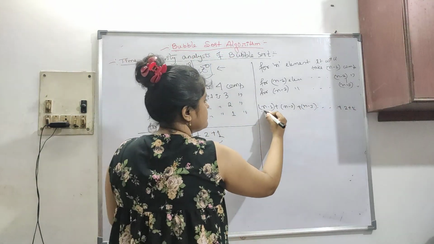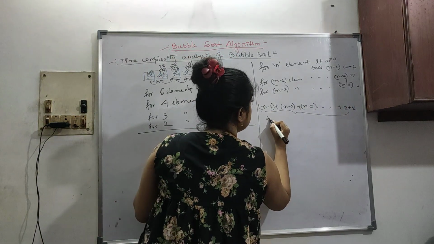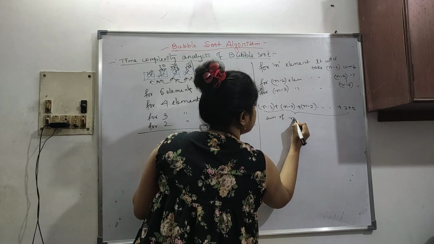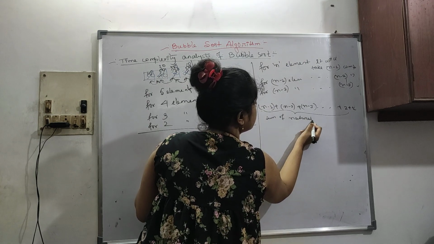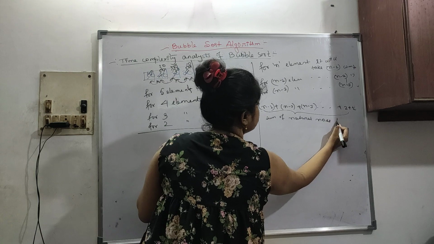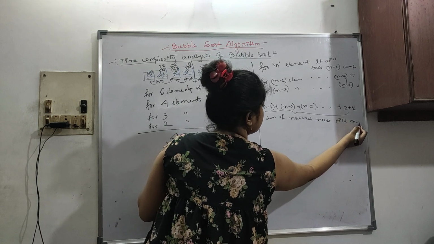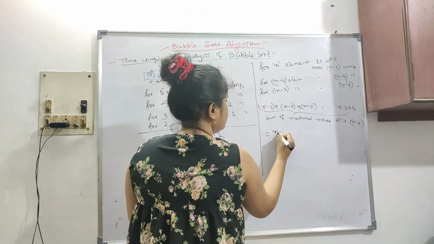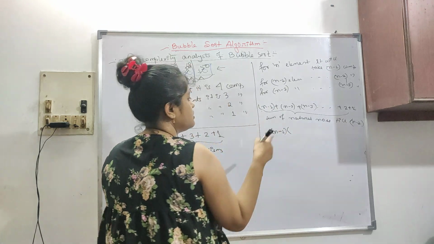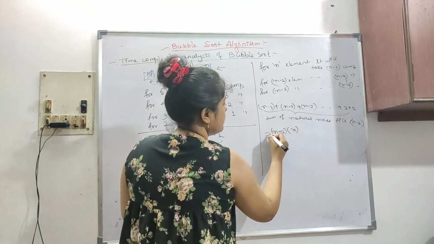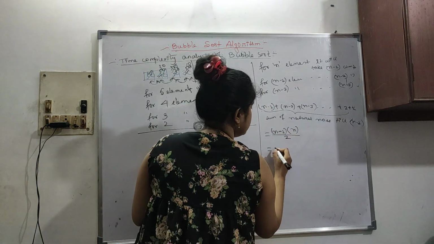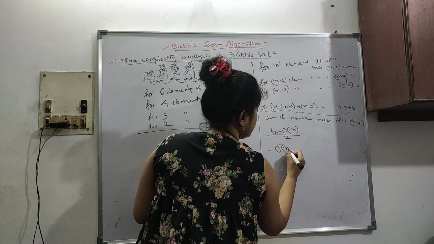This is basically the sum of natural numbers till n minus 1. So the sum is (n minus 1 plus 1, which is n) divided by 2, so this is coming as order of n square.